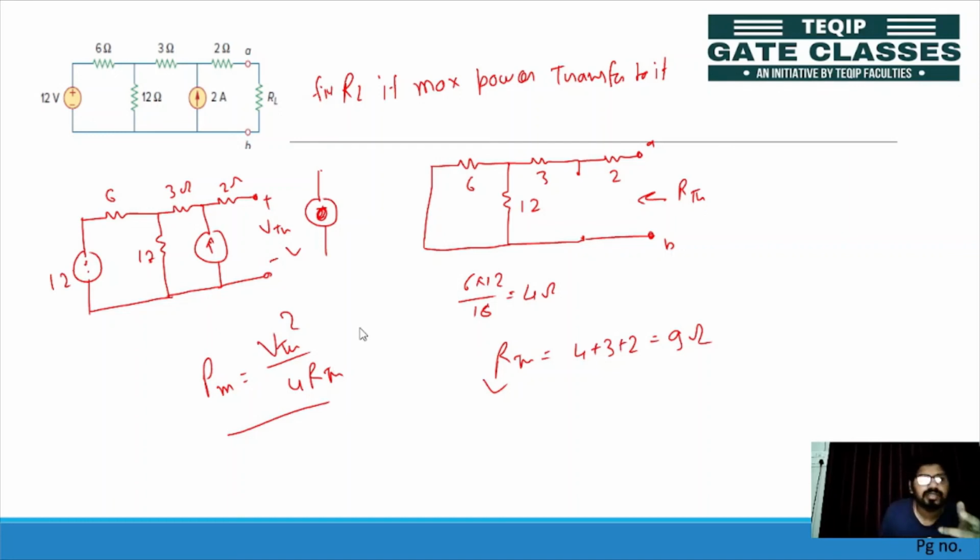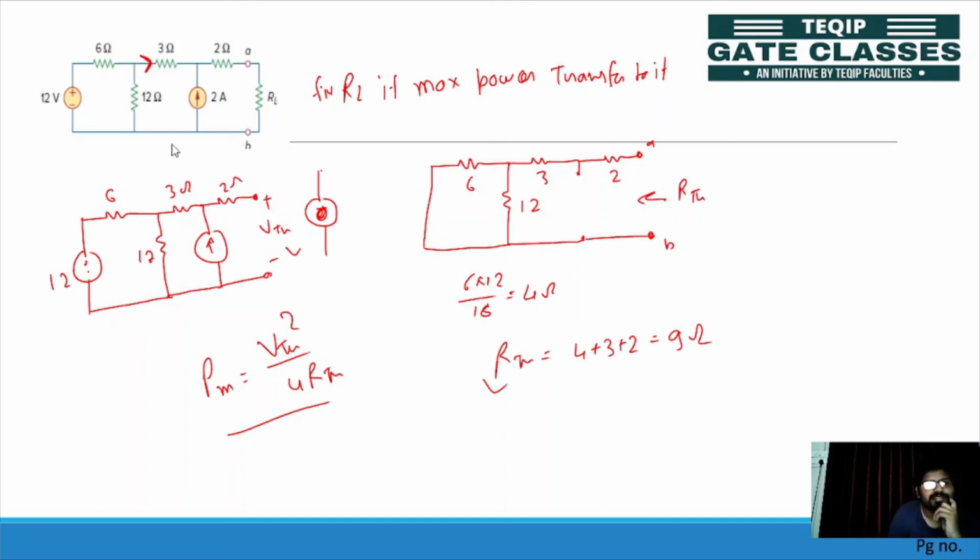Questions can also be asked in a different way. Like, you can ask: what will be the value of RL if maximum power is transferred to this 3 ohm? What will be the value of RL if maximum power is transferred to this 3 ohm?